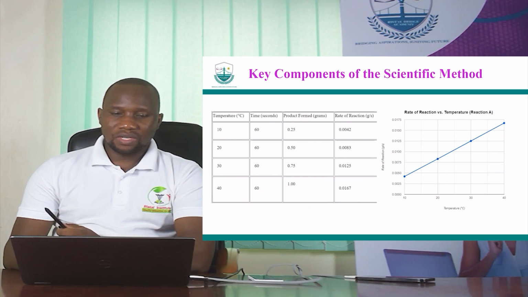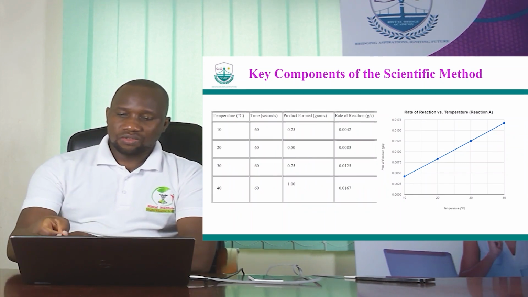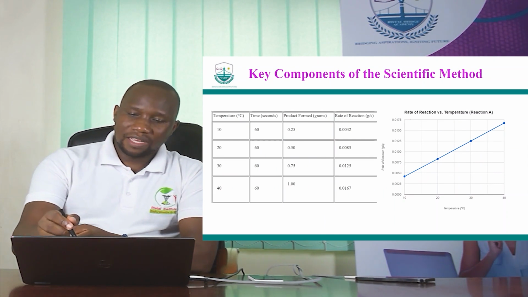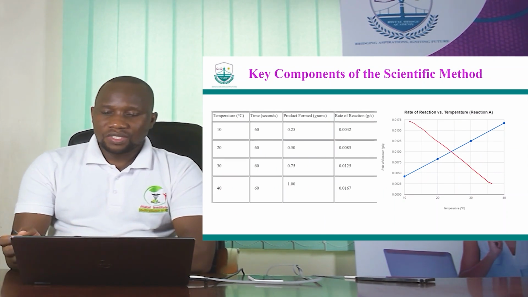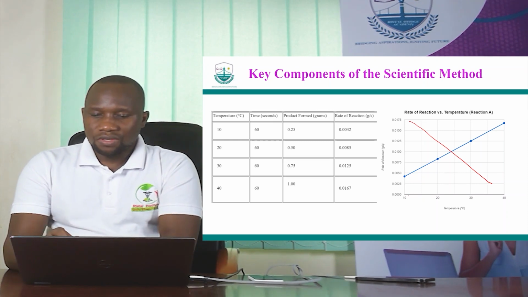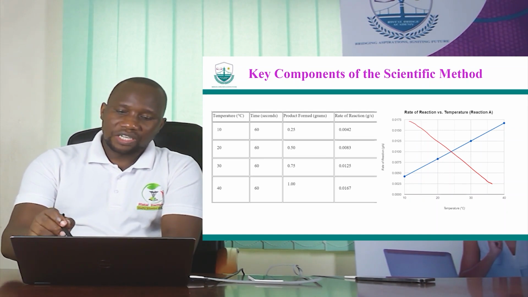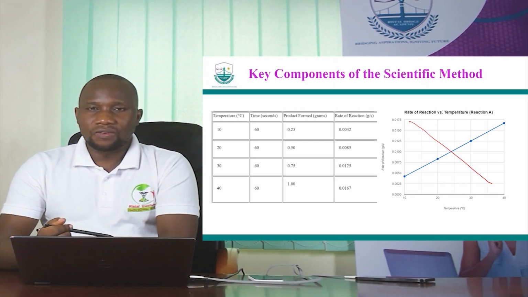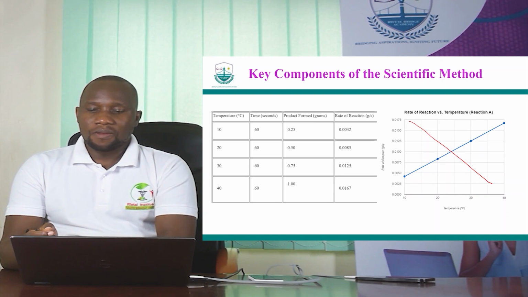So from here you actually already know that as you increase the temperature, this one is increasing. But if you have something like this, it means that as you increase the temperature, the rate of reaction decreases. If you have this red line that I've just drawn there.